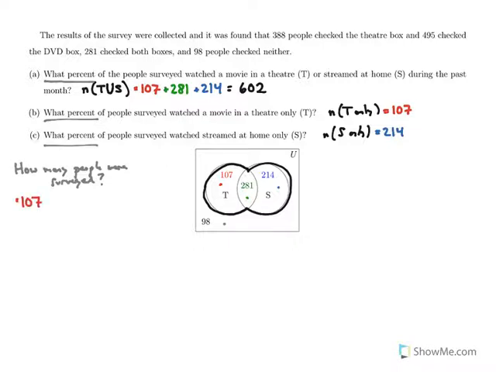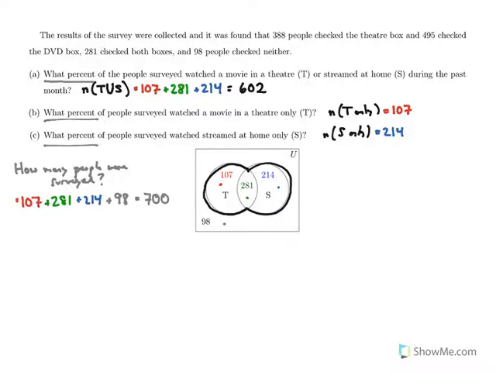107 plus 281 plus 214 plus 98. We already did some of that calculation, but altogether this is going to give us 700 people total.